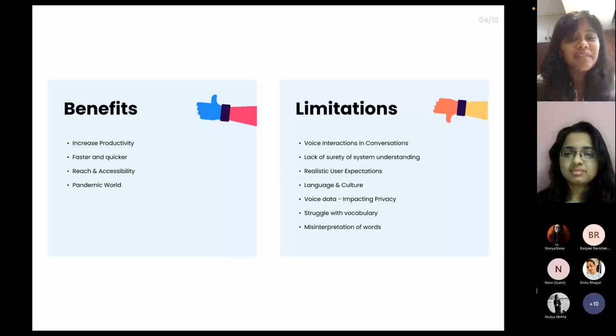Because of that, we have different slangs, different accents, different tones. The way we talk is very, very different. So how do we make sure that these devices are able to understand and adapt to those situations? It comes under the limitations because it still hasn't really adapted to this broad range of language and culture. It still hasn't kept in mind certain aspects of language and culture. So it still has a long way to go.